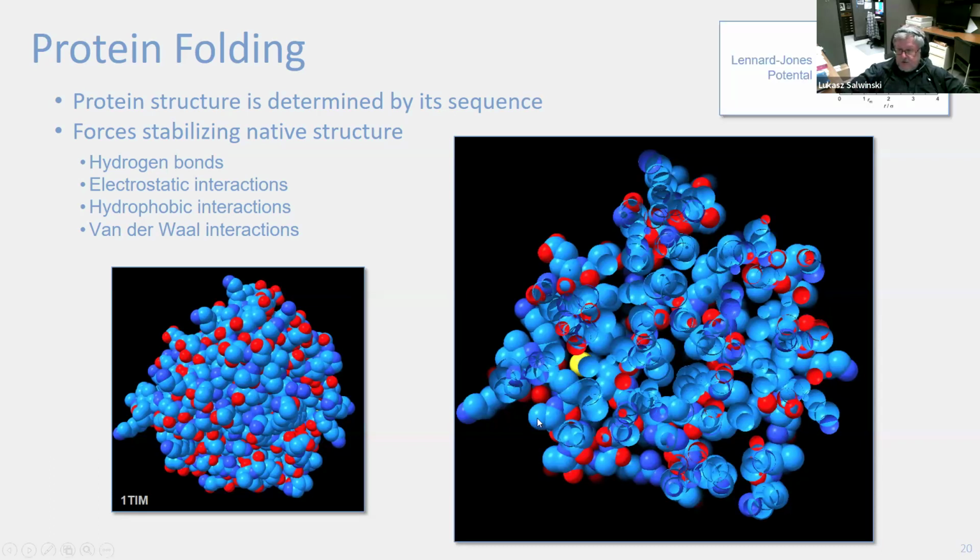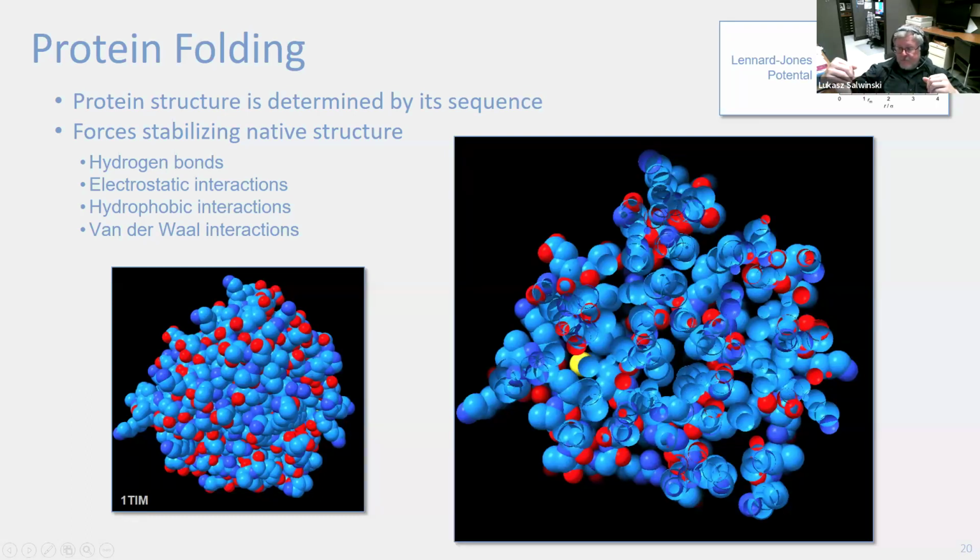They are typically modeled as the so-called Lennard-Jones potential. This is the distance between two atoms, and if you push them too close, there's a very strong repulsive force. This corresponds to electrons starting to bump into each other, essentially overlap, and they start to push against that.